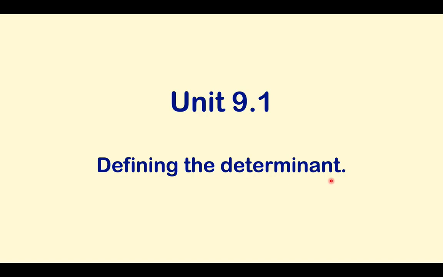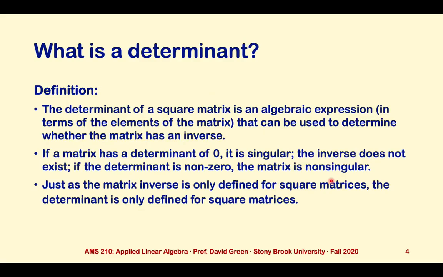Let's begin with defining the determinant and some of its properties. What is a determinant? Perhaps the simplest, most intuitive definition is that it is an algebraic expression in terms of the elements of a matrix that can be used to determine whether the matrix has an inverse or not.